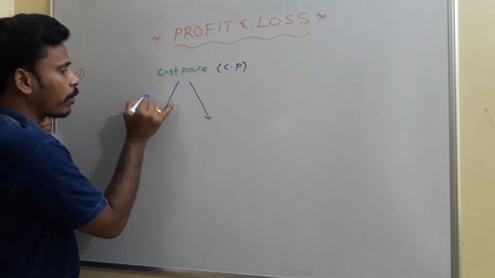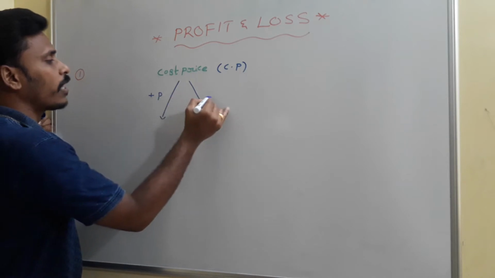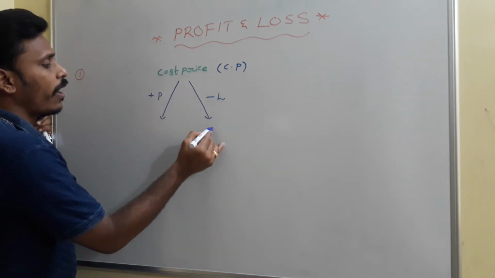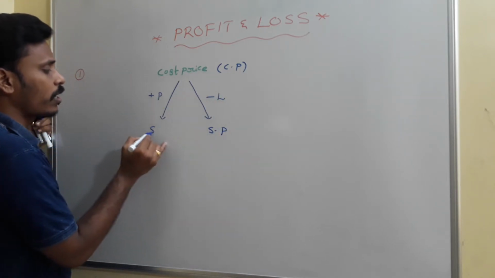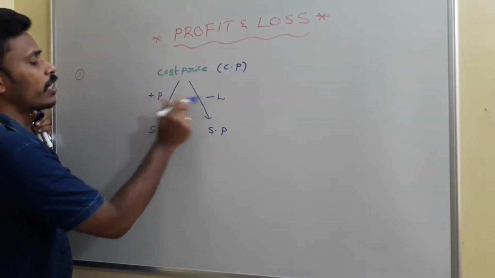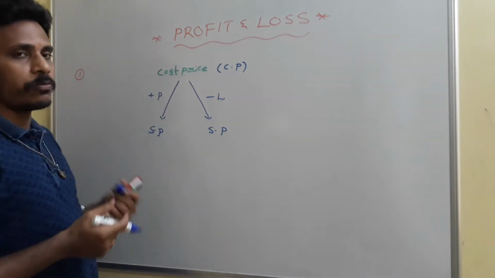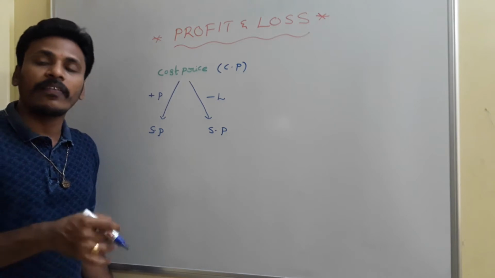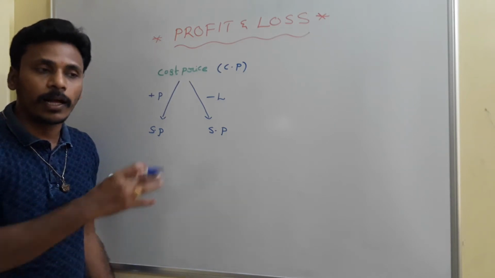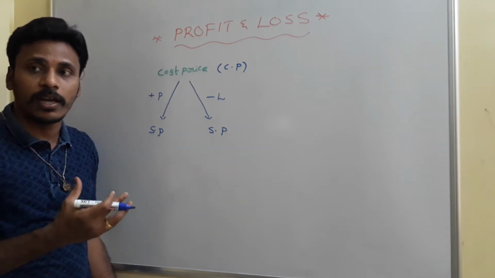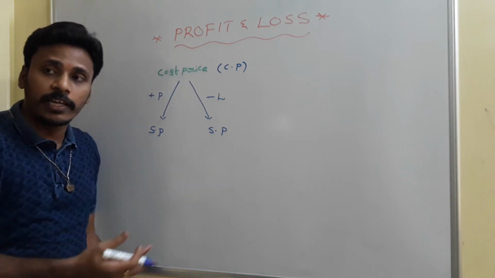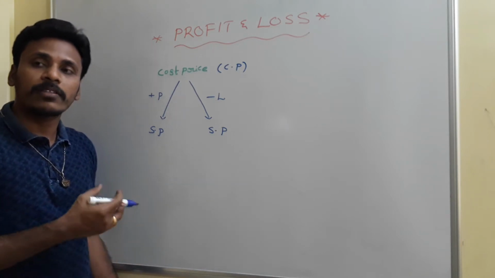These are the two options for me after buying an object. First I will buy, then observe the situation in society, and then sell it by adding some amount or by subtracting some amount.